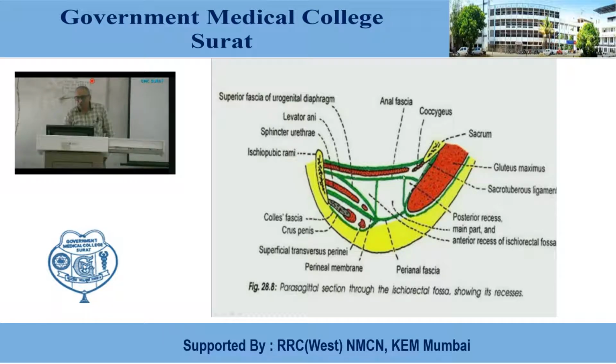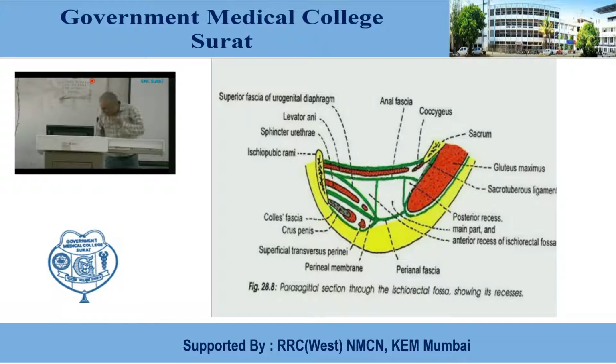And here one more recess extends in relation to the sacrotuberous ligament and gluteus maximus, which is comparatively small. That is known as the posterior recess. So two recesses extend from the main space. Anteriorly it's the anterior recess which is larger, and posteriorly it's the posterior recess which is comparatively smaller.